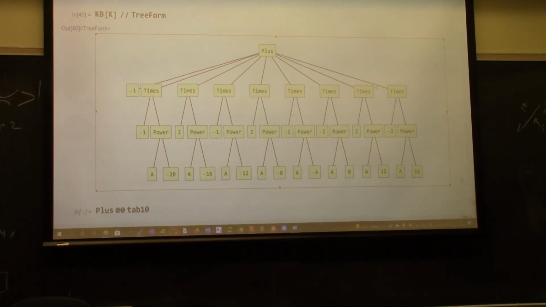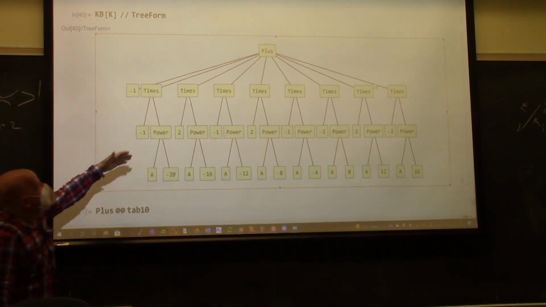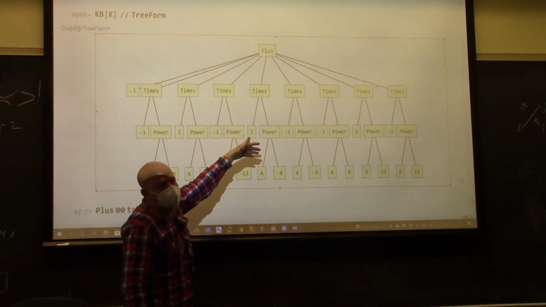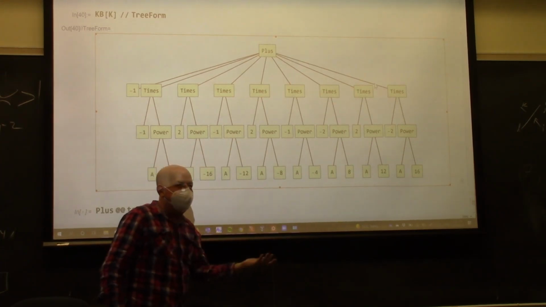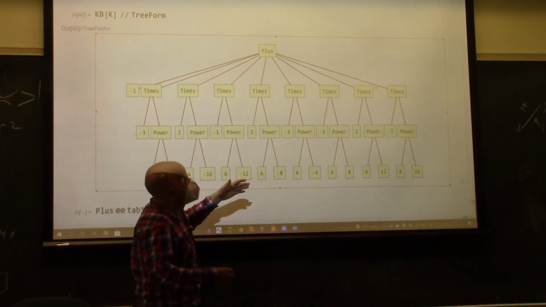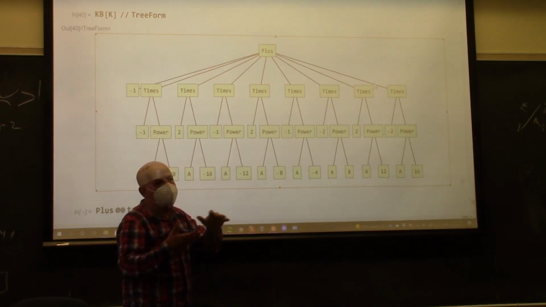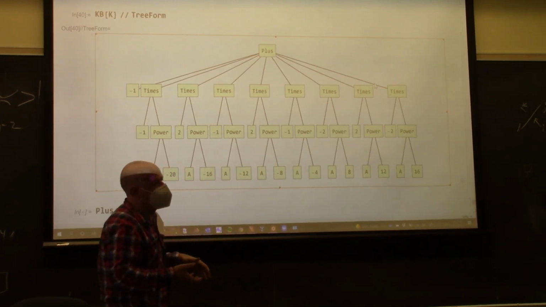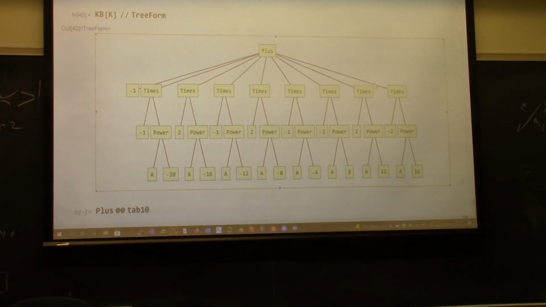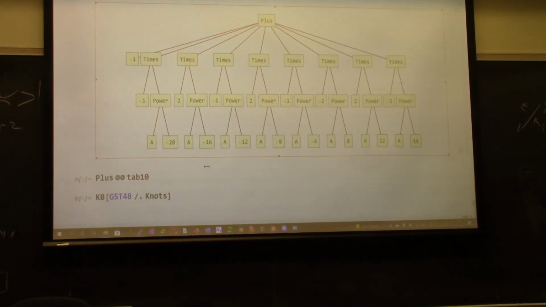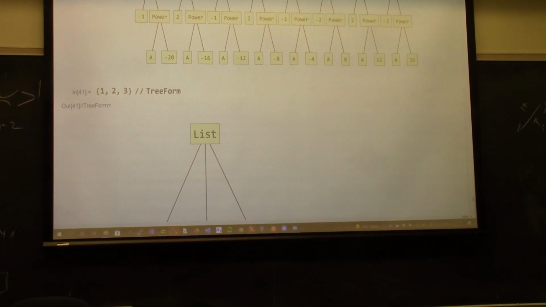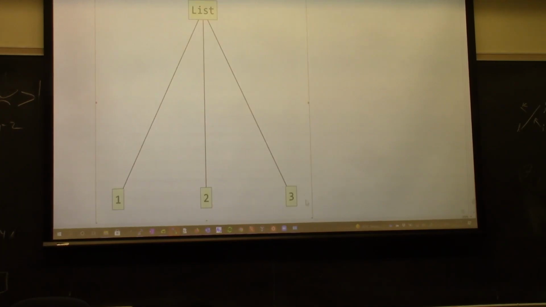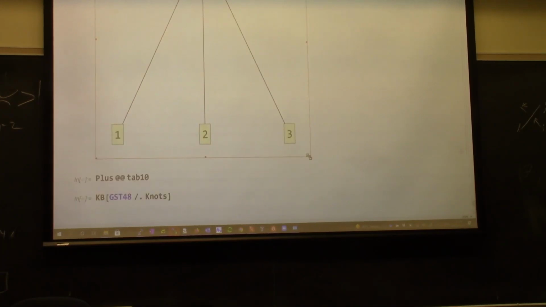So there are operations to replace all the heads with something, replace a specific head with something, rearrange the trees in all sorts of ways. So, for example, if you look at this tree, 1, 2, 3, this expression, as a tree, it's just what you would expect.